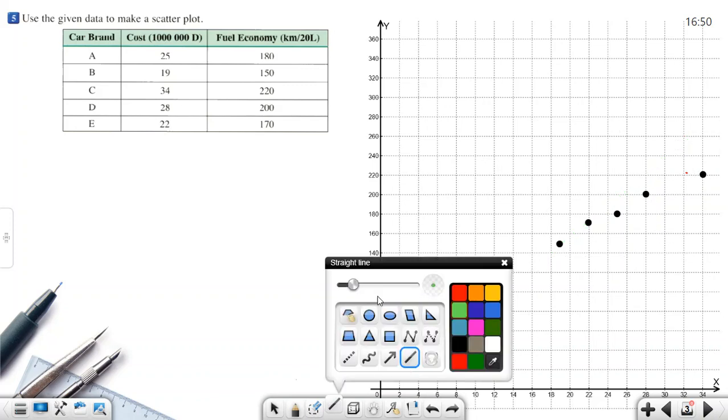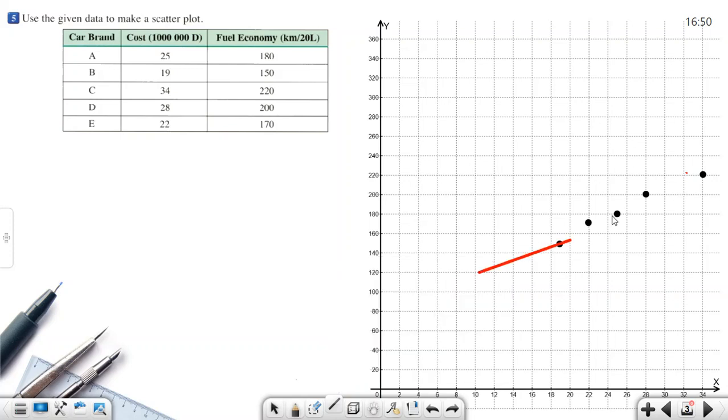So let's make a little thick line here. But still, I can see that these points are around that one. So you see, all of the points are around this line. Not exactly on the line, but around this line and very close to the line. So we can say there is a relation between these points.